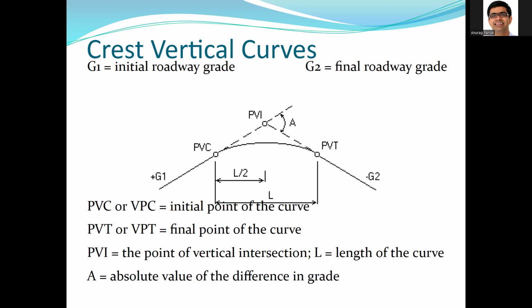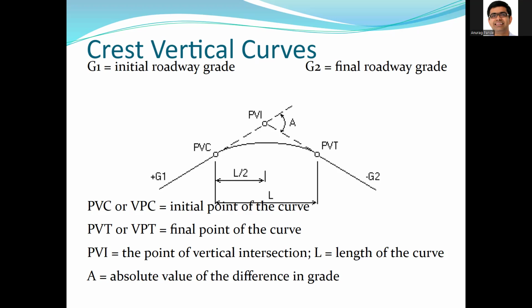The other thing is that when we talk about this L value, the horizontal distance between PVC and PVT, we call it the length of the curve. What that means is that when we say length of the curve in this context of vertical curves, that is the length measured along the horizontal plane.